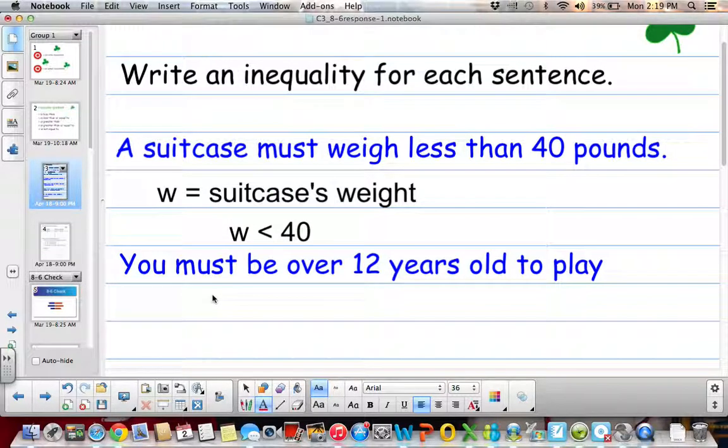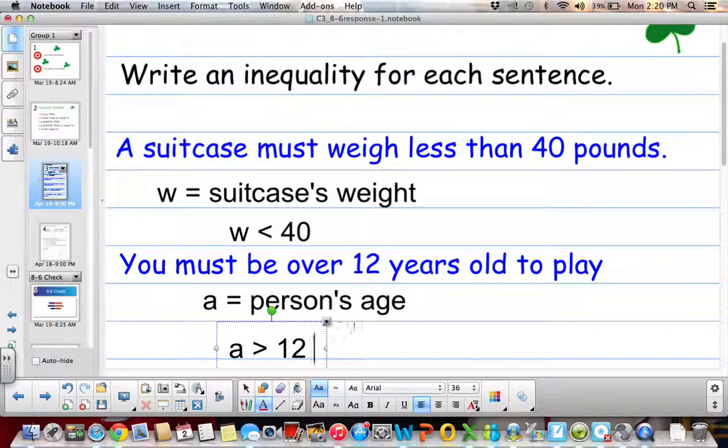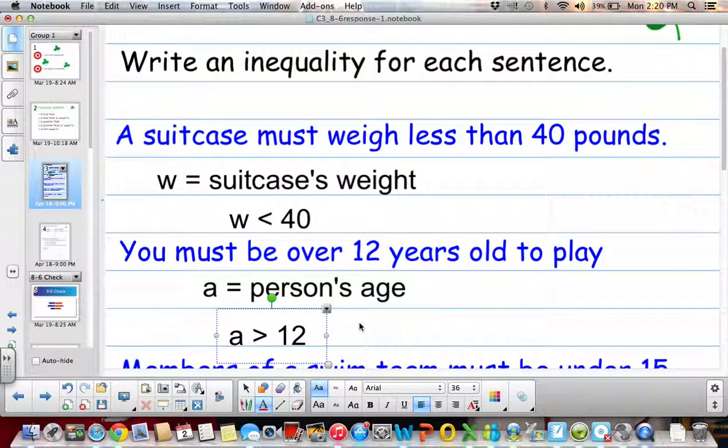You must be over 12 years to play. So we can say A equals the person's age. You have to be over 12, so we can write it as A is greater than 12. We usually write the variable on the left side, then our inequality symbol, and then 12.